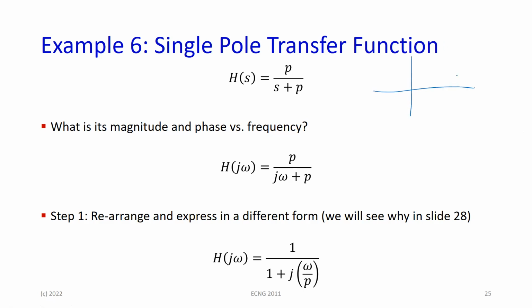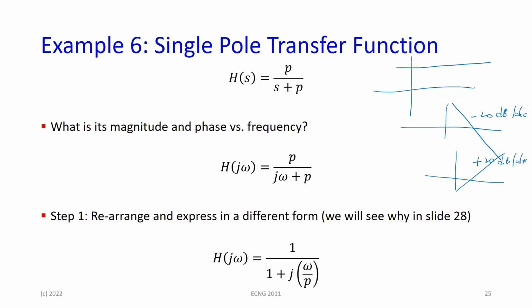We already know that a constant gives us a line, a single pole gives us a line at -20 dB per decade, and a single 0 gives us a line at +20 dB per decade. So the rest of the lectures here are going to be, well, let's mix and match poles and zeros and see what happens. Okay?